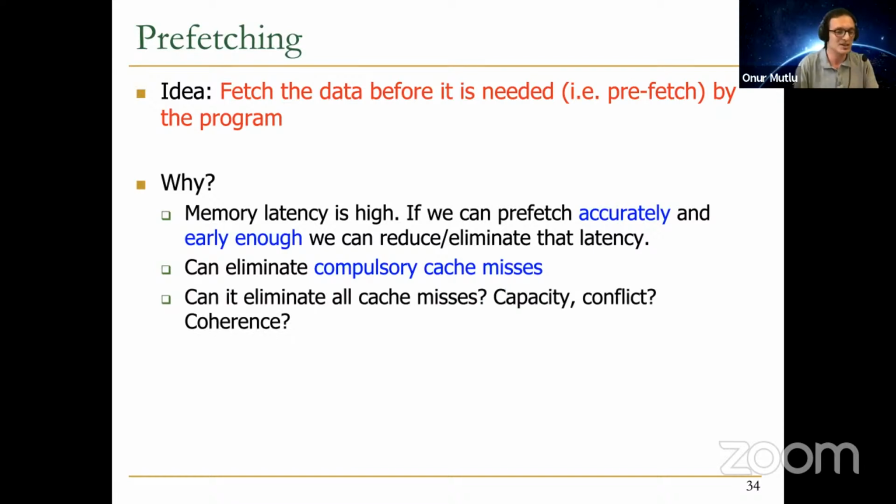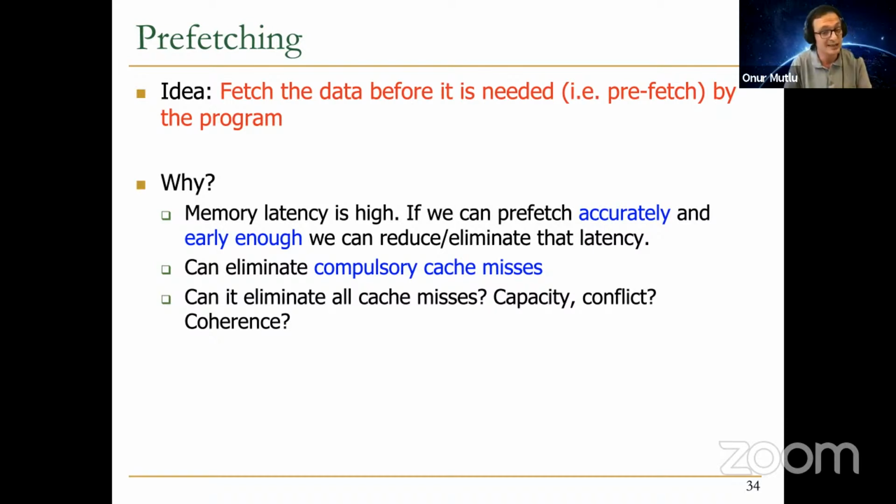There's a rhetorical question over here. Can it eliminate all cache misses? And remember, we classified cache misses into compulsory, capacity, conflict. Compulsory is the first reference to a cache block, and you can eliminate that with prefetching. Capacity misses, you can also eliminate. Conflict misses, you can also eliminate with prefetching. Basically, you just need to accurately predict the access pattern of the program such that you get the data just before it's needed by the program.